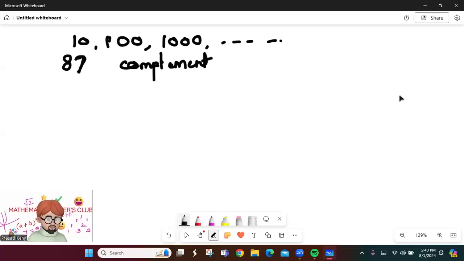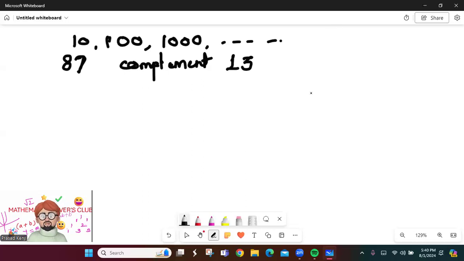So except the last digit, all other digits, I'll subtract from 9. So 9 minus 8 is 1. And the last digit I will subtract from 10. So 10 minus 7 is 3. So complement of 87 will be 13. So the complement will show the difference between the number and the nearest base.